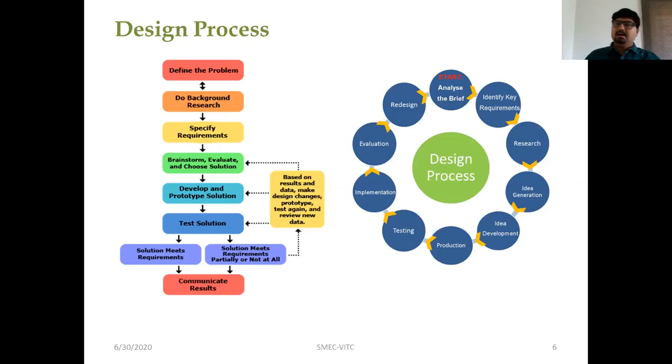They generate ideas, as happens in brainstorming or any other approach, develop ideas and go for production, then testing, implementation, and thereafter evaluation. If you find something missing, you go for redesigning, making it a cyclic process of design.